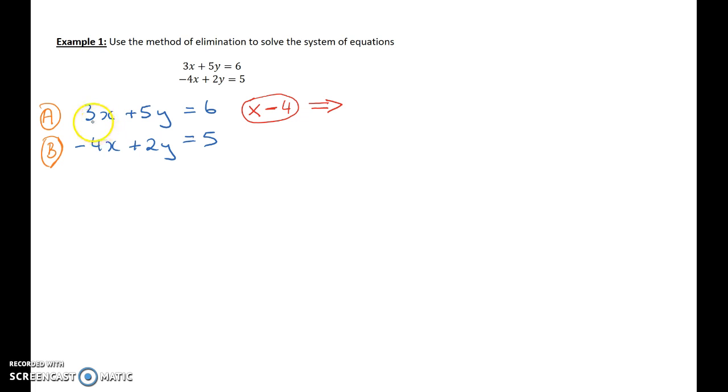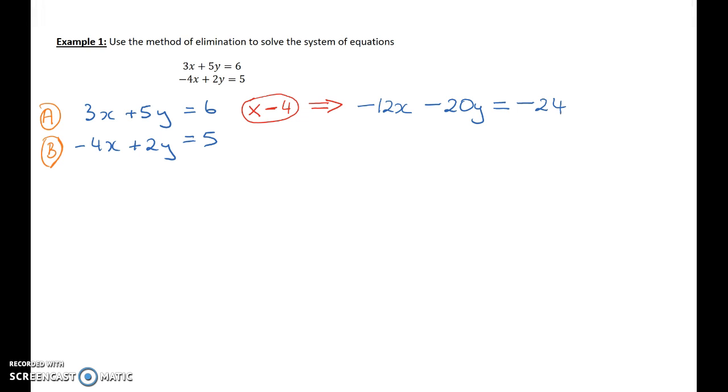Negative 4 by 3x is negative 12x. Plus 5y by negative 4 is minus 20y. And 6 by negative 4 is negative 24.